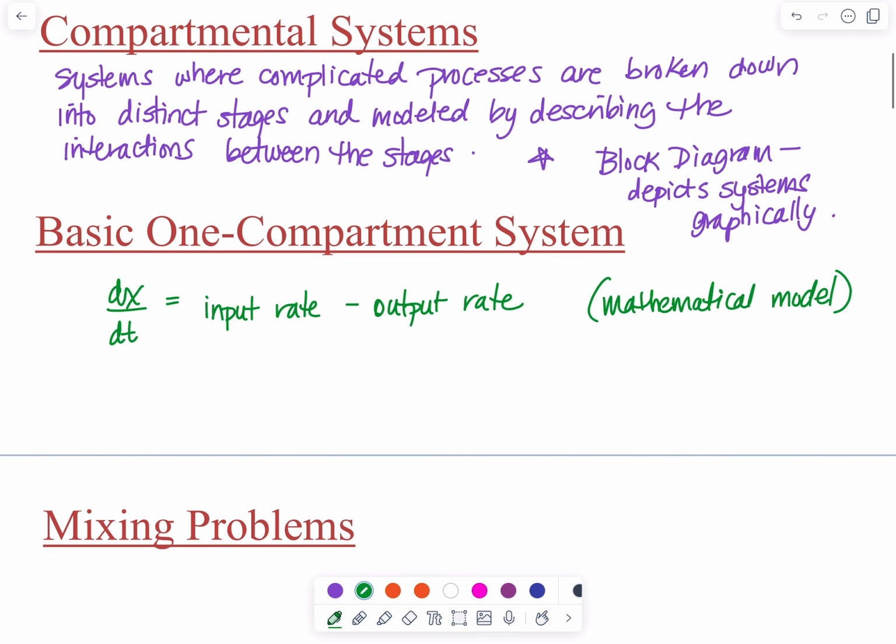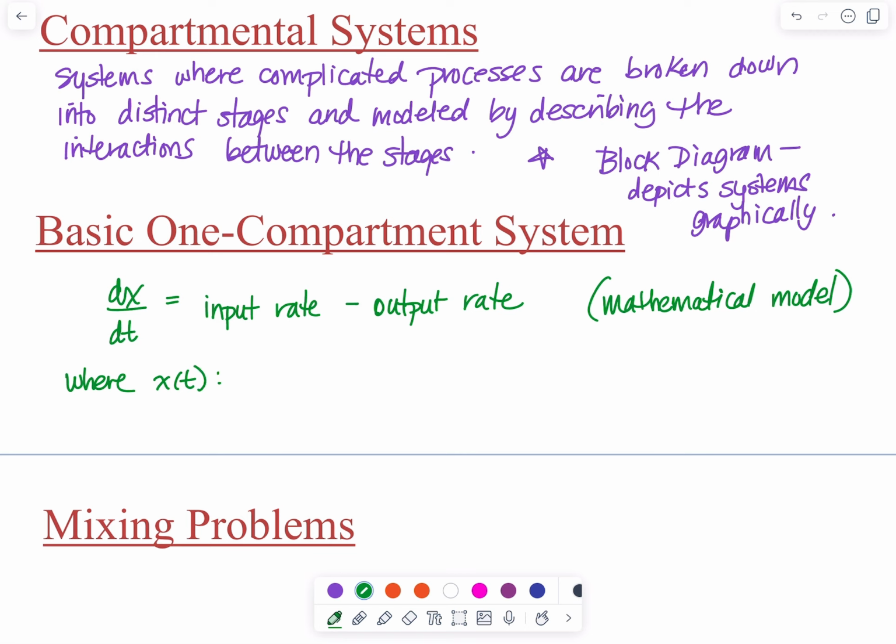Now we have x of t is the amount of substance in the compartment at time t.